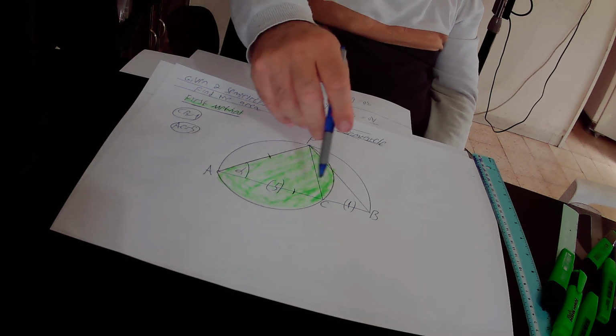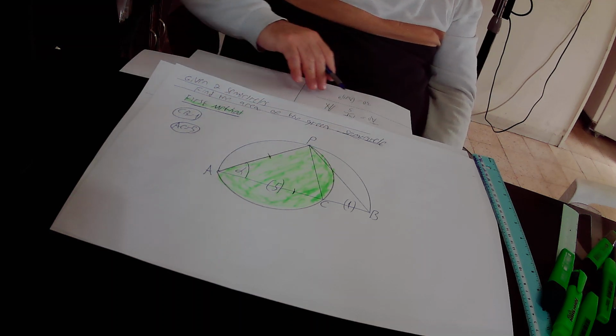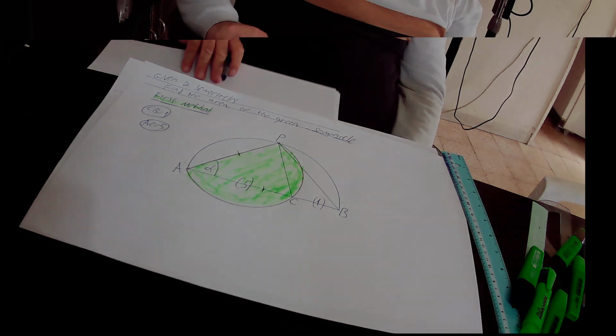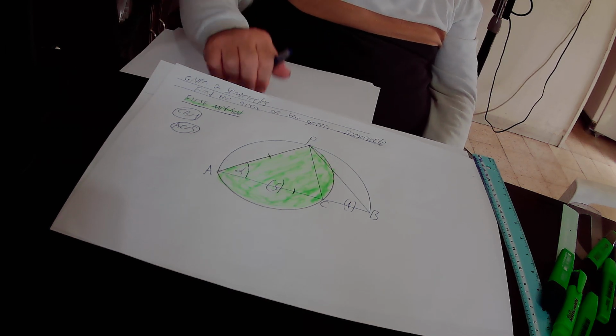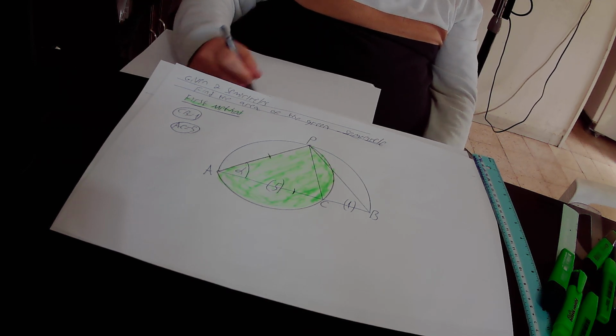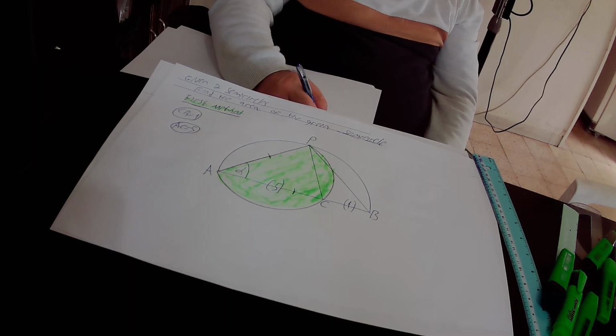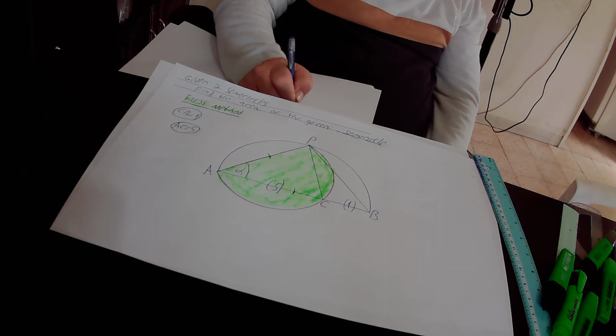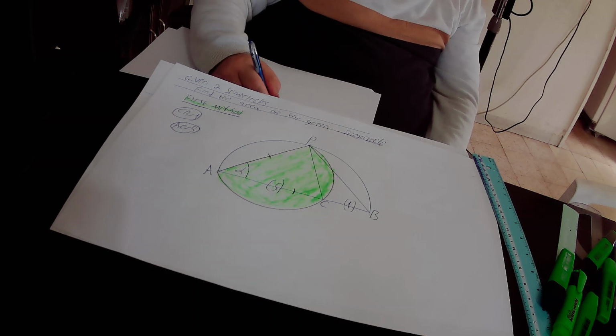Again, our mission is to find the area of this green semicircle. So the area of the green semicircle equals pi r squared over 2.